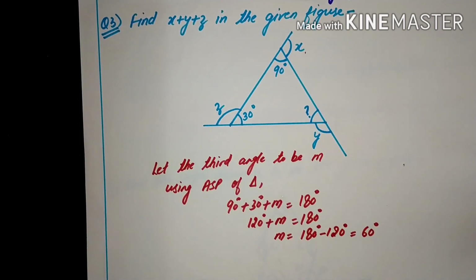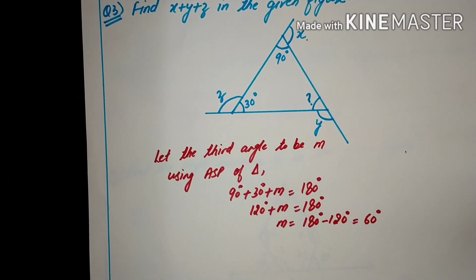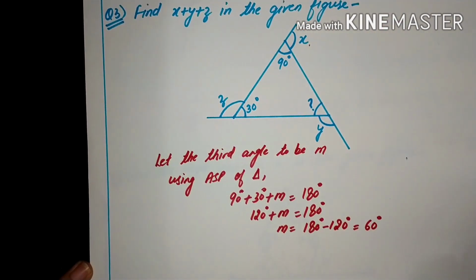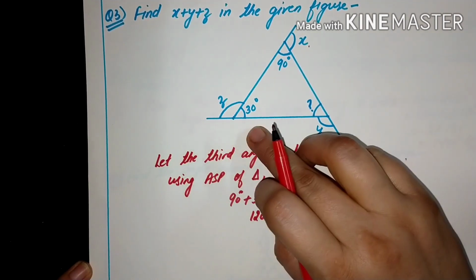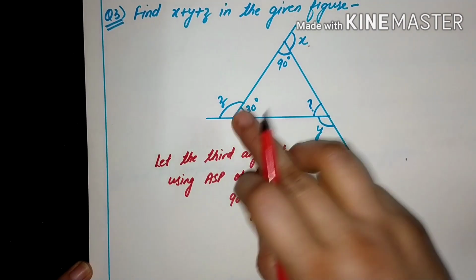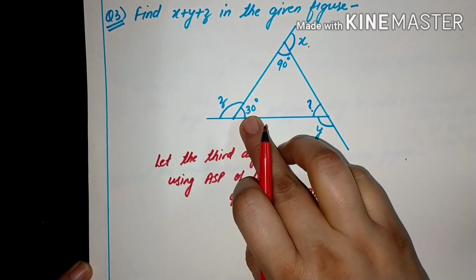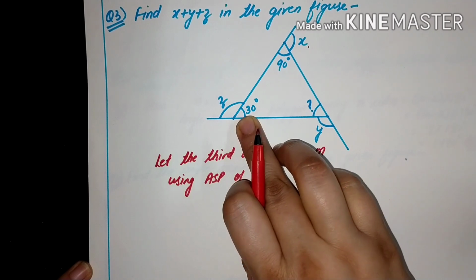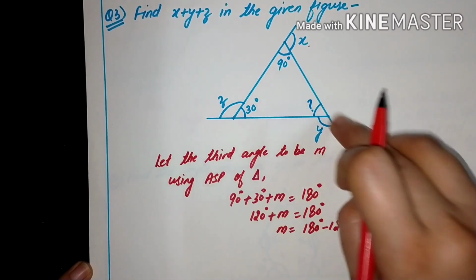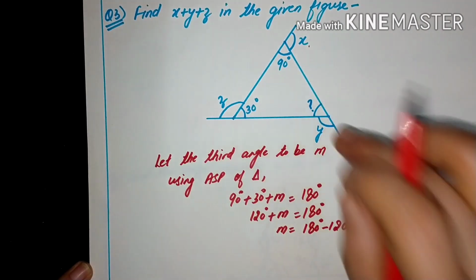Now we have got the third angle of the triangle. Now we will find out the value of x, y and z using which property? Linear pair. Because we know that these two angles are forming a linear pair and the sum of angles would be 180 degrees. So we will find one by one the value of x, y and z.